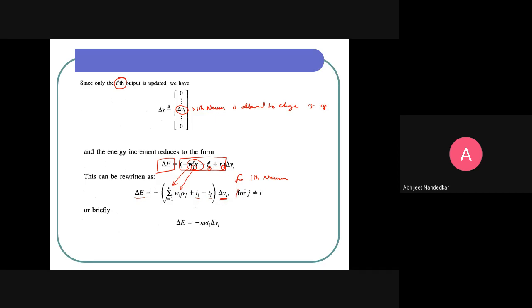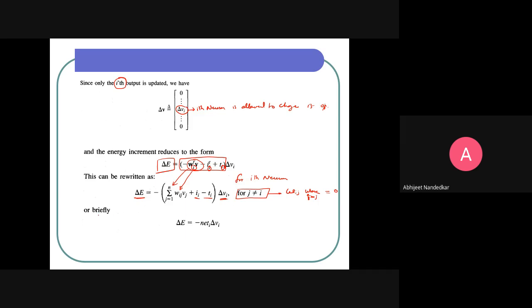Now here j is not equal to i because Wij where i equal to j is 0. There is no self feedback. So that thing you have to keep in mind.